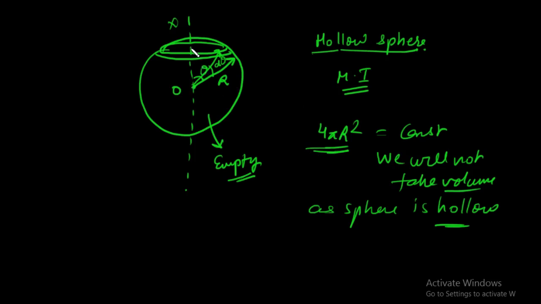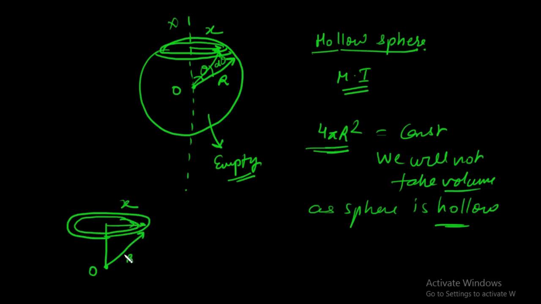So let us suppose this distance to be x from the axis. Now I am just drawing this figure here. This is the center O, this is r, and this is the inner side of the ring, and this is x.